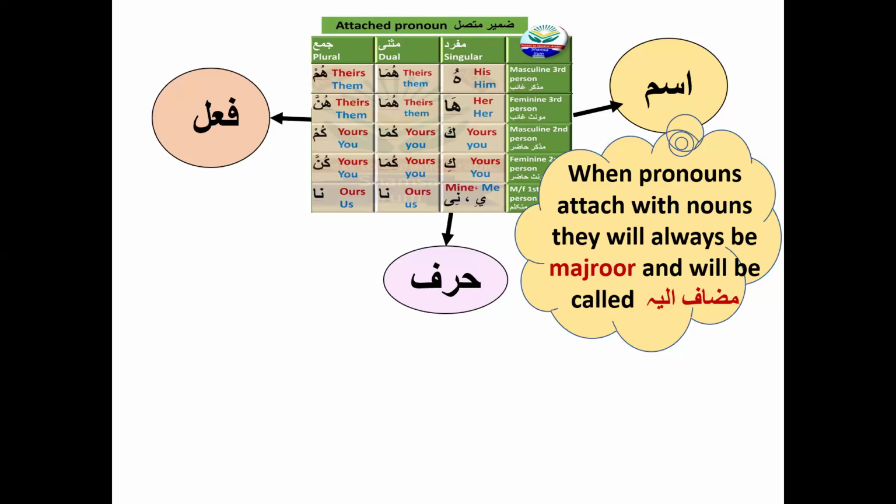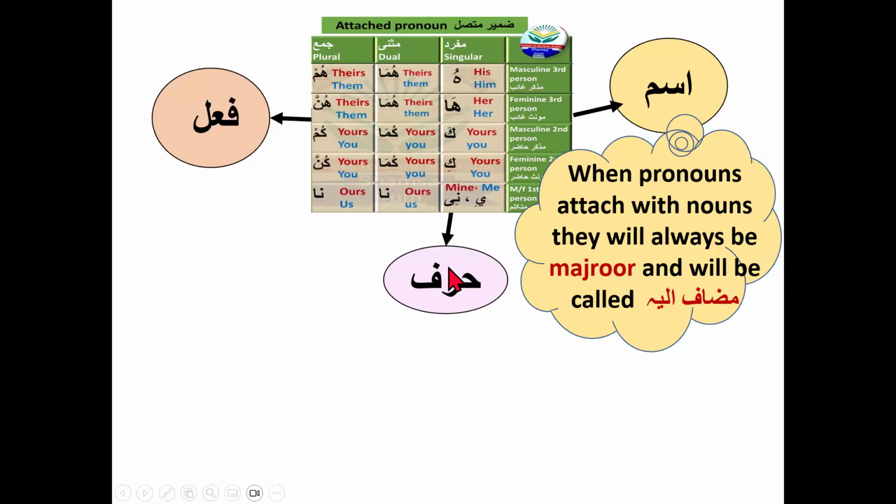It will always be in the majroor state because it is mudaf ilayh. The noun which is attached with the pronoun will be called mudaf. The whole construction will be called murakkab idafi, meaning possessive phrase or idafa construction. You must note this down: whenever a pronoun is attached with a noun, it will only be one construction, that is murakkab idafi.